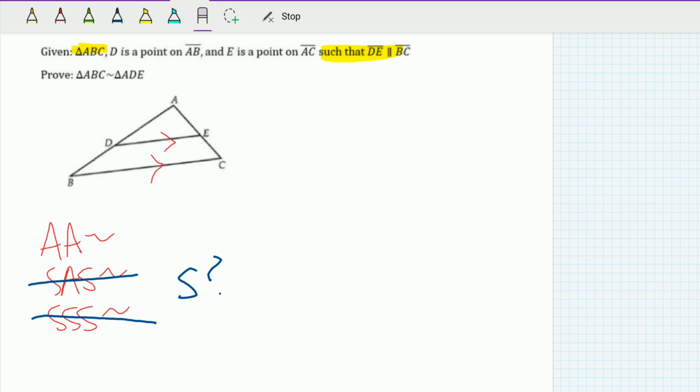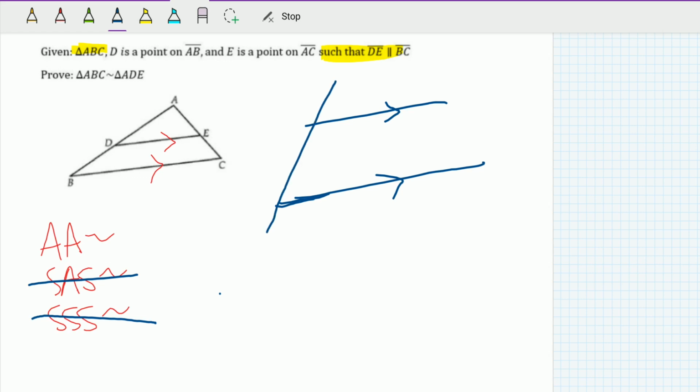Okay, so let's just think about it. We have parallel lines. Why is this so important? Well, if you remember from other lessons or other videos, whenever you have parallel lines and a line going through both of them, it's called the transversal.